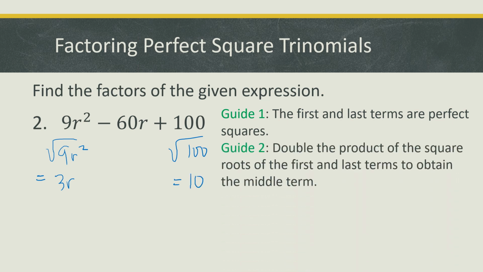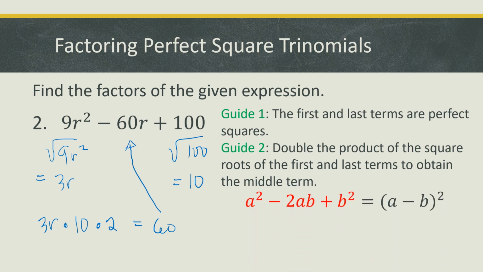Let's check for guide 2. Double the product of the square roots. 3r times 10, and then double it. 3 times 10 times 2 is 60, followed by r, 60r.